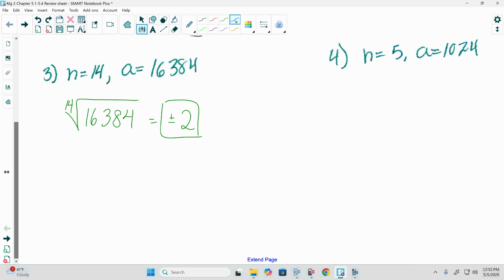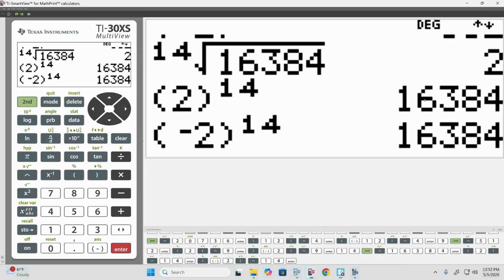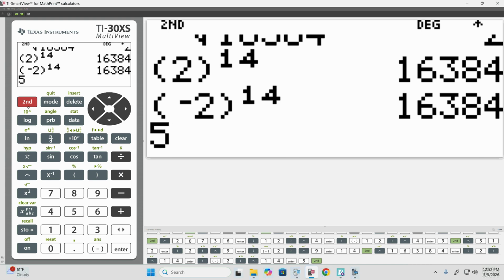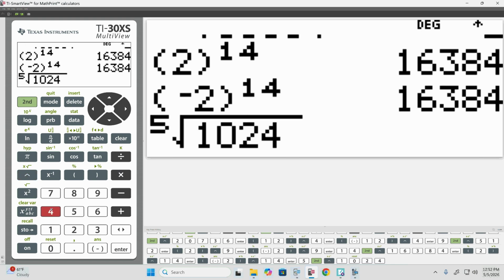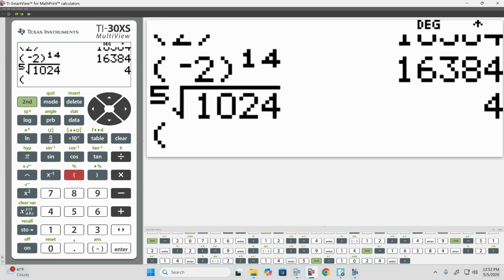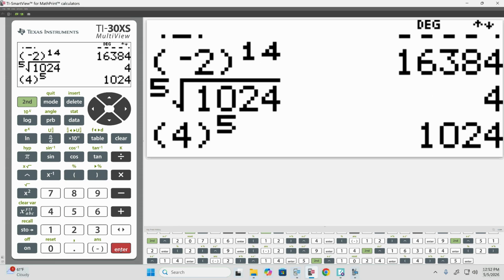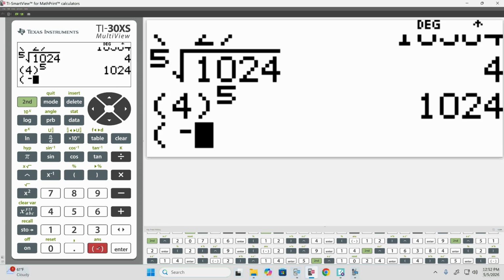Well, at this point, might as well go on and do number 4. Fifth root of 1,024. Fifth root of 1024 is 4. So we're saying that 4 to the 5th is 1024, and it is true.